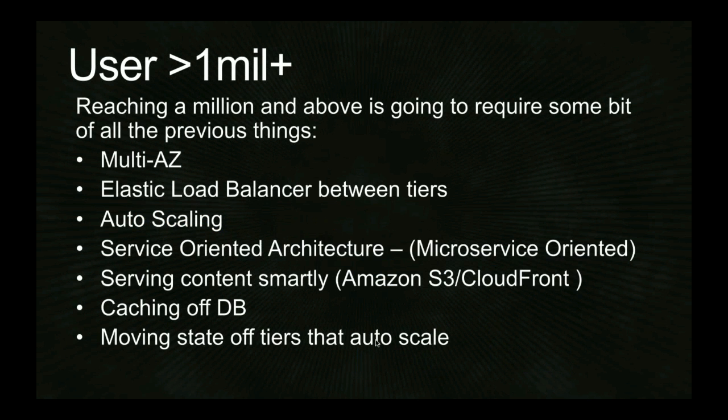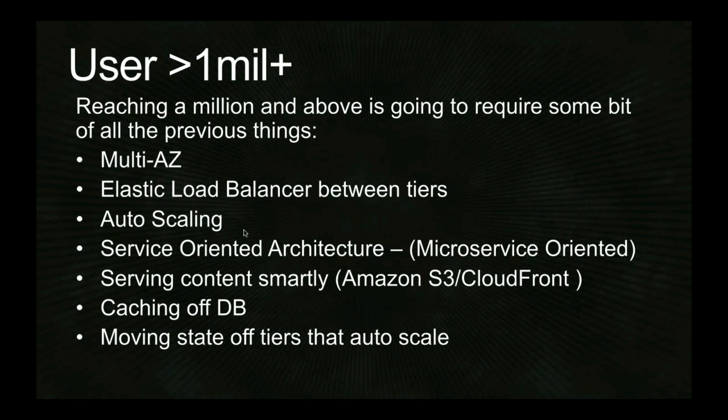Now, to get to more than 1 million users and above, you need to now recap a little bit. We need to use multiple availability zones, spread our compute and storage and networking across multiple data centers. We have to use load balancing between tiers because we have multiple units of compute, not just one. Autoscaling makes this easy to determine how many units of compute we need.